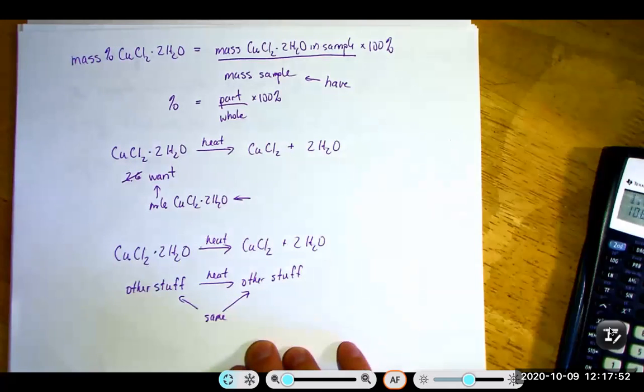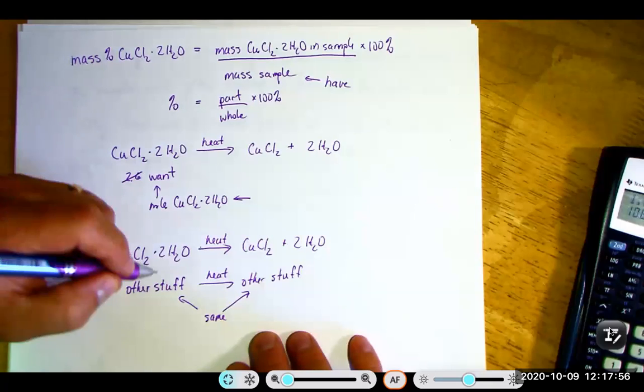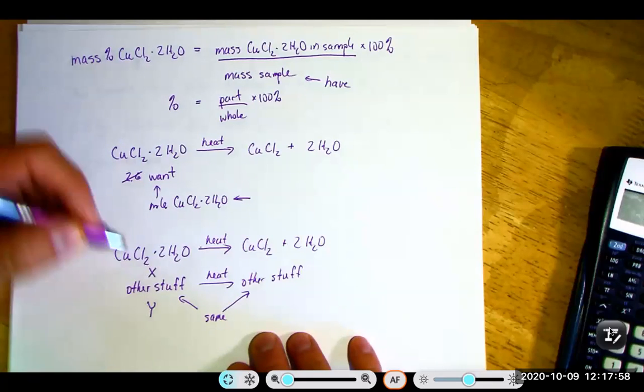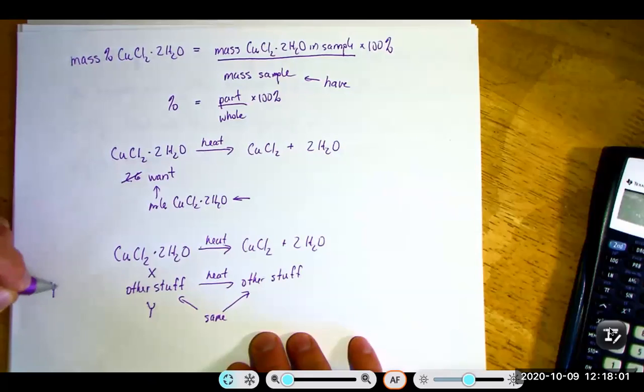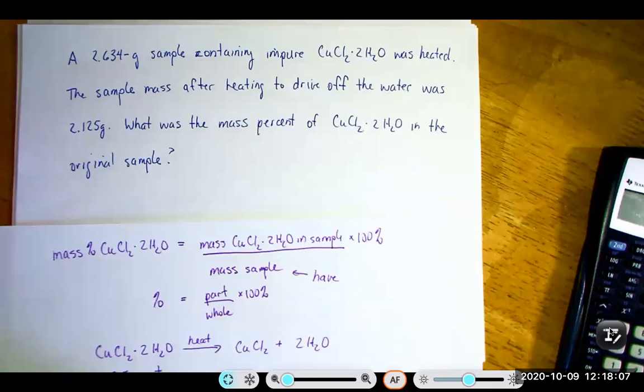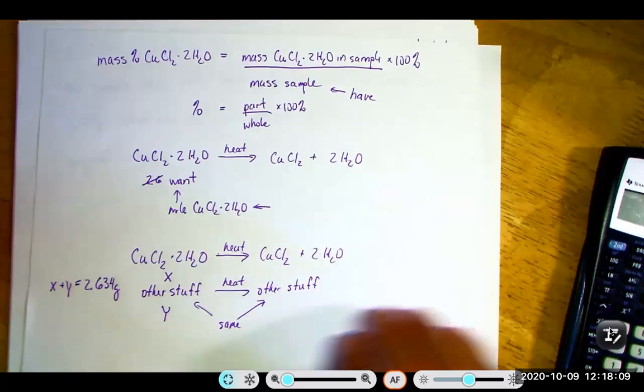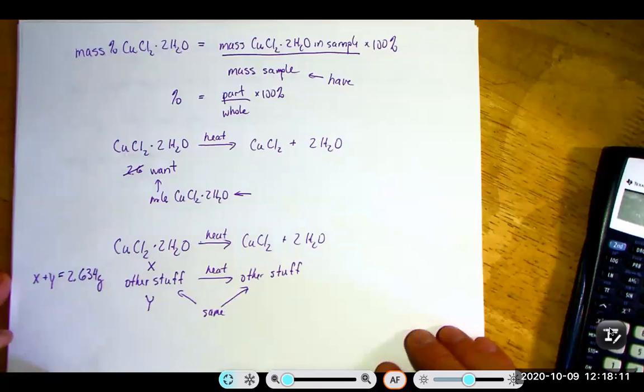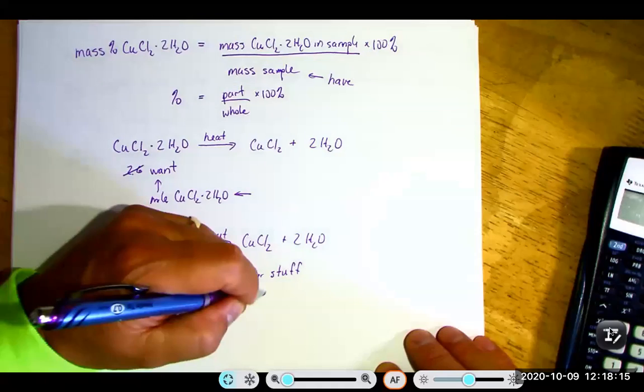Now we know that if this weighs, say, X, and this weighs Y, we know that X plus Y is equal to 2.634 grams. So the nice thing about this stuff is when it's done, it still weighs Y grams.